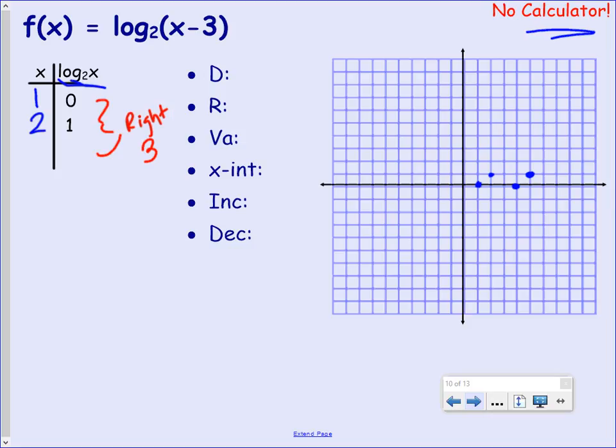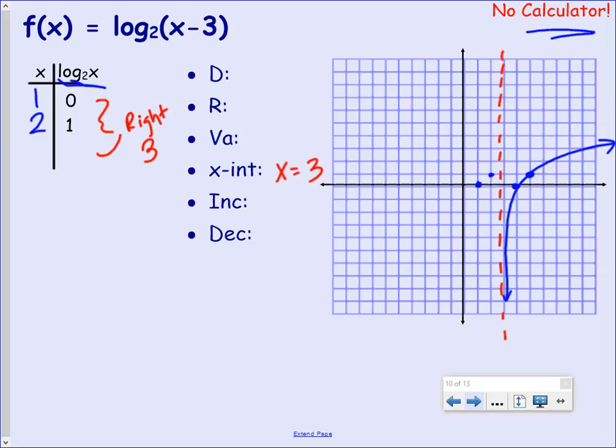It would normally have been at x equals 0. Now it's at x equals 3. That's helpful to draw, so I know to go towards my asymptote on the left, and then I'll slowly increase on the right. And so the whole graph just got shifted right 3.